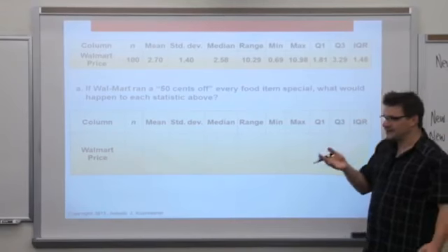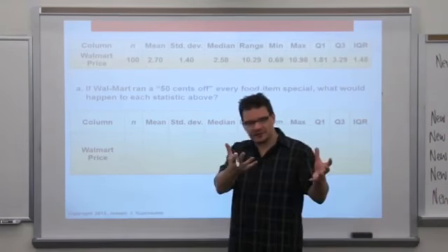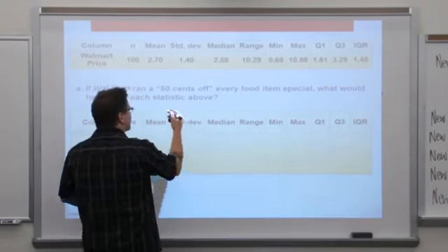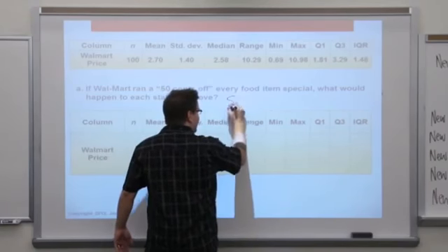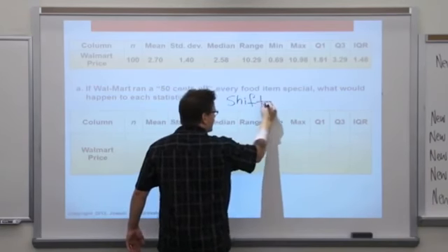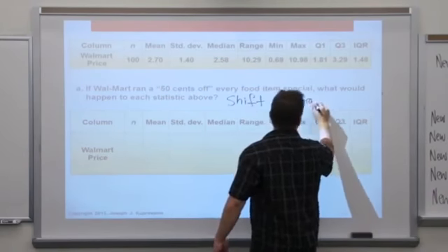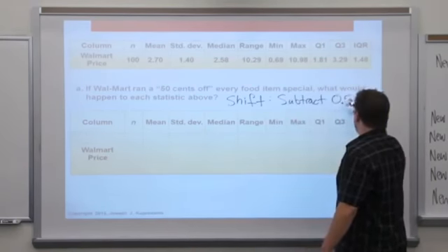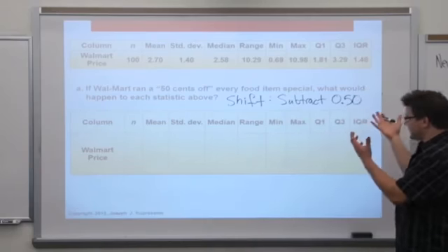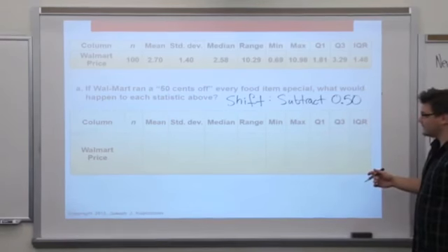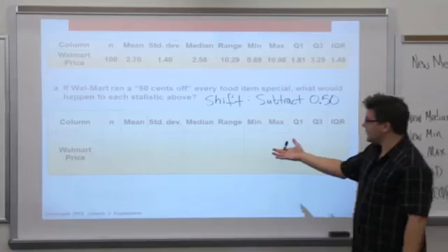All right, 50 cents off means take every price and subtract off 50 cents. This is definitely a shift. This says let's subtract 0.50 from every food item, every price that we have. Give the new summary statistics.